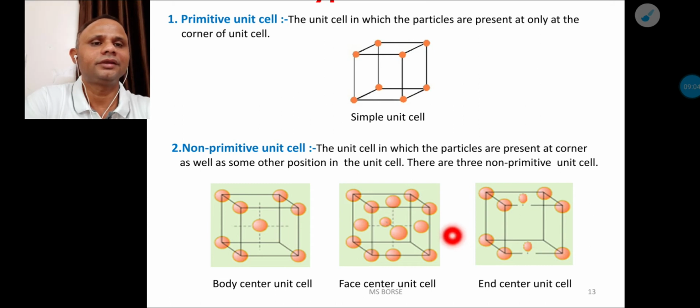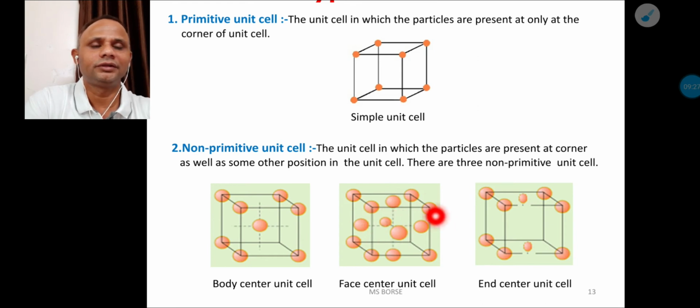Next is the unit cell containing atoms present at the corners of the cube or unit cell, but an additional atom is present at the center of each face. That means top, bottom, front, back, left, right.